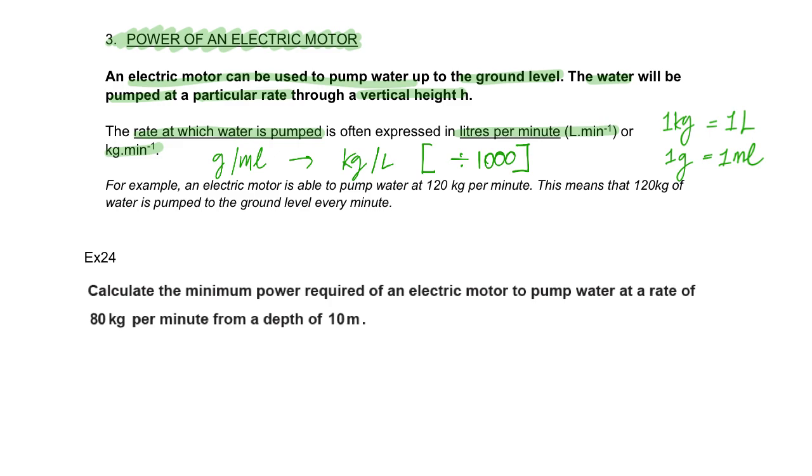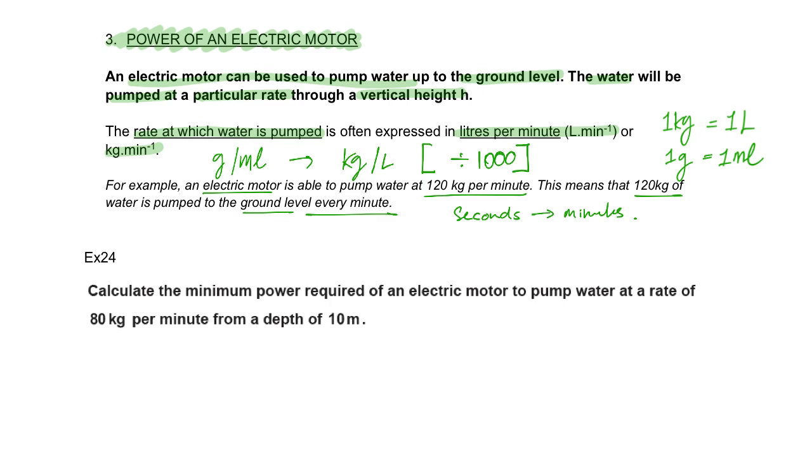For example, if an electric motor is able to pump water at 120 kilograms per minute, it means that 120 kilograms of water is pumped to the ground level every minute. So don't forget for the minutes, if they give you seconds, you need to go from seconds to minutes.